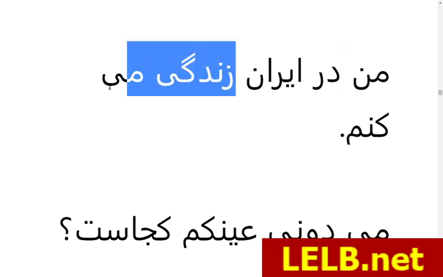Remember, in Farsi, first of all, you need to put the subject, and the verb comes at the end of the sentence. The order is SOV, subject, object, verb, unlike English, which is SVO, subject, verb, object. So, من در ایران زندگی میکنم.